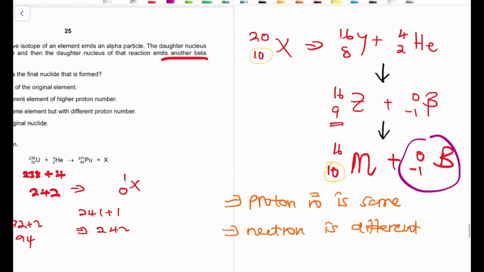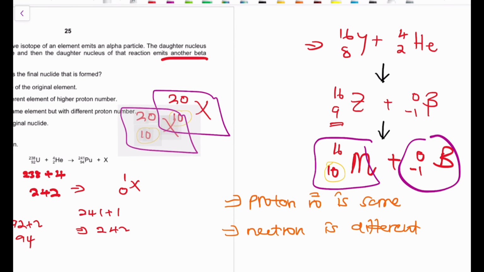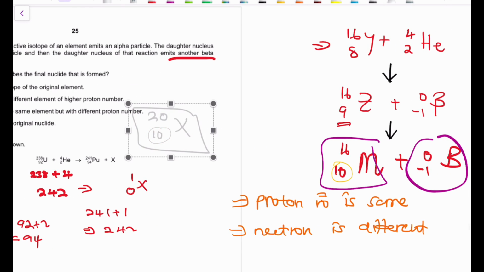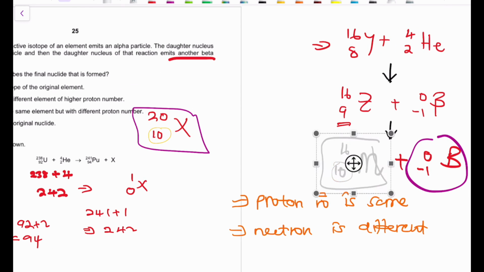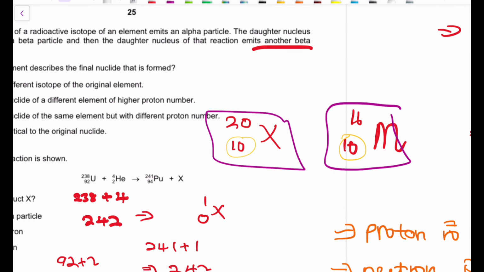But if you compare these two, what do you see that's similar? Let's take them aside. We have this first one, then we have this other one over here. I want you to look at what exactly is similar between these two. Well, this one has 10 protons, and this one has 10 protons. So 10 protons here, 10 protons here.